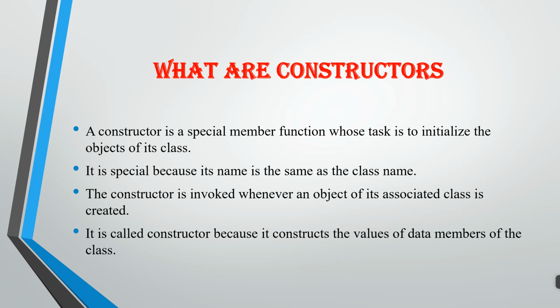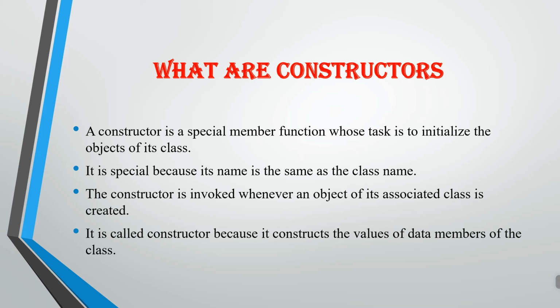So why is it special? It is special because the purpose of the constructor is to initialize the object of its class. So normally when we define an object, definitely an object will be an instance of a class. So we just mention the type of the class with the possible attributes, their visibility, and then the possible member functions.